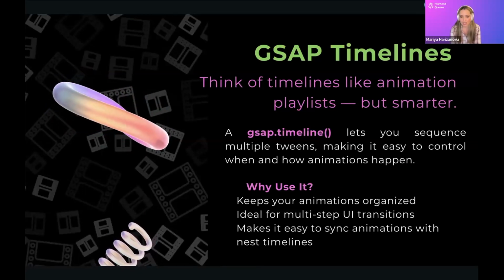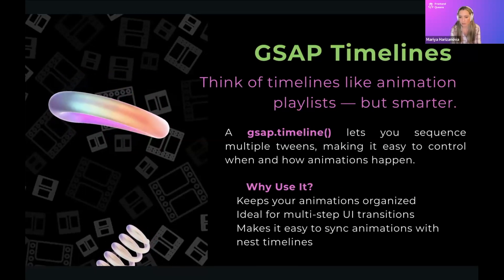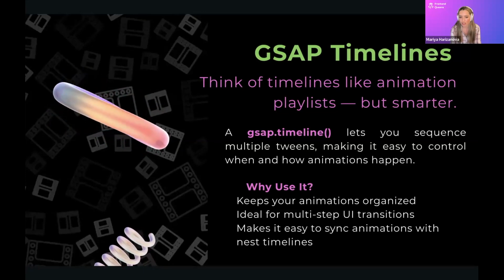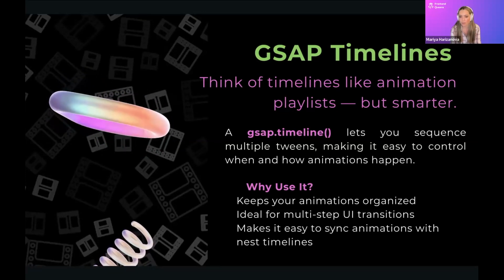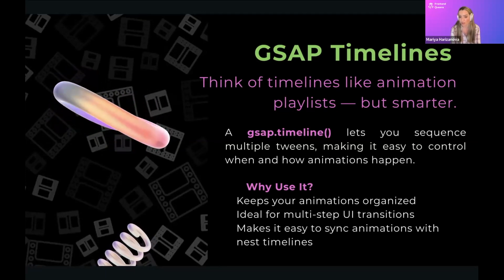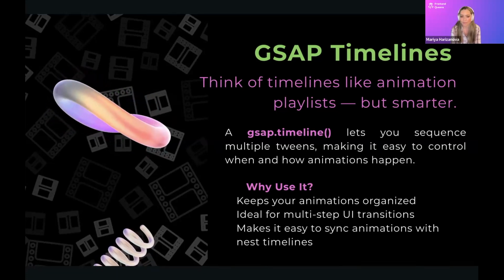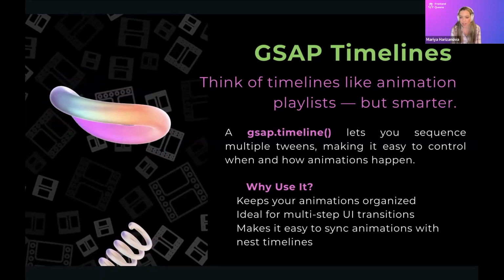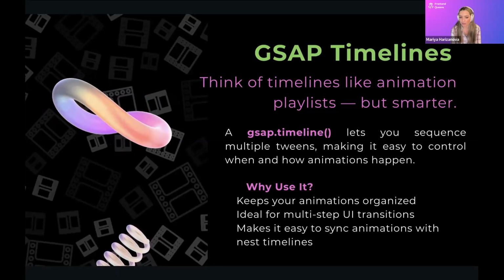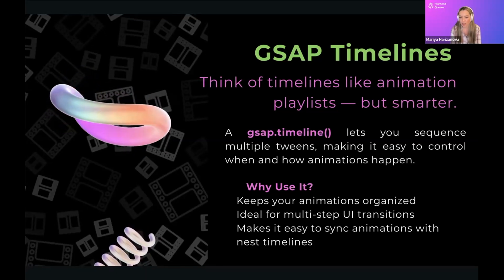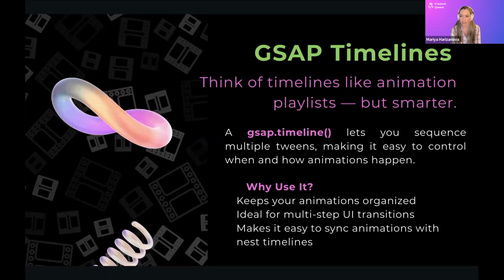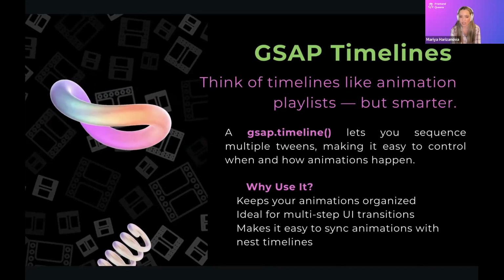The GSAP timeline is an important feature, like an animated playlist, but much smarter. Instead of triggering each tween separately, with the timeline you can have control of them. Using GSAP, you can build a complex animation and keep it clean and more organized with the timeline.